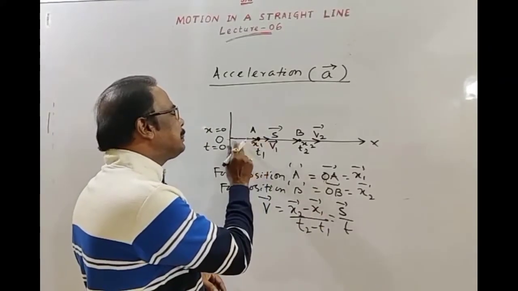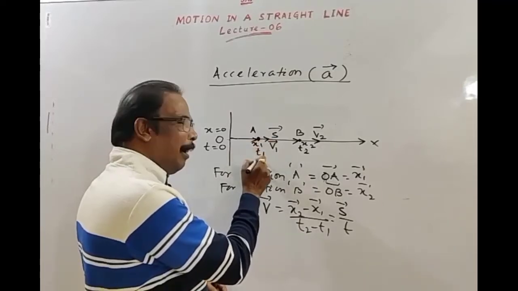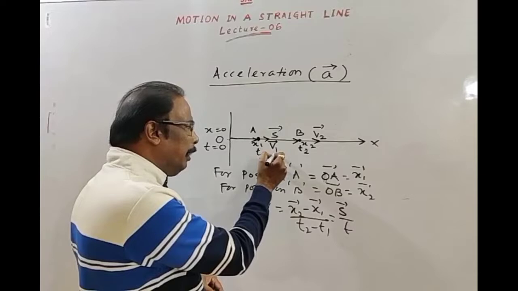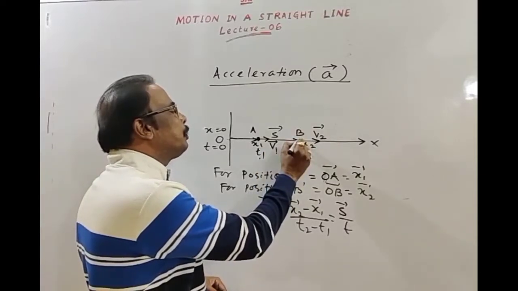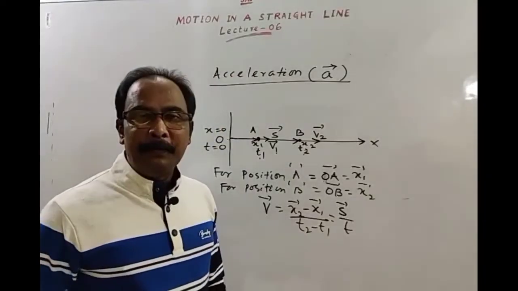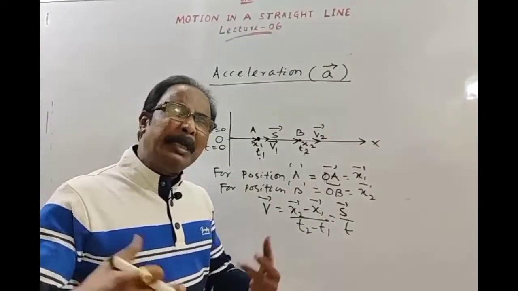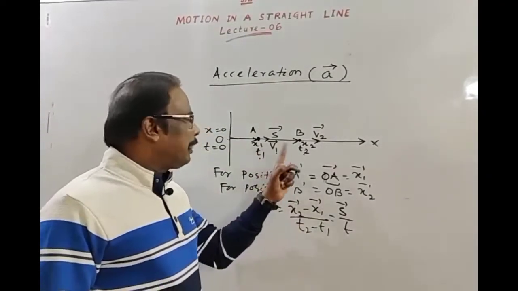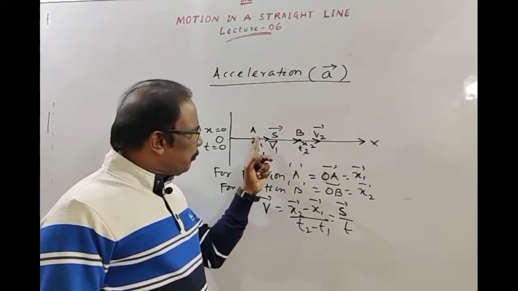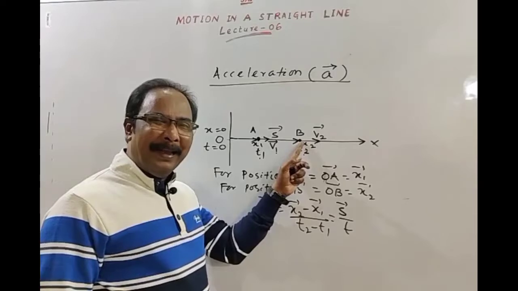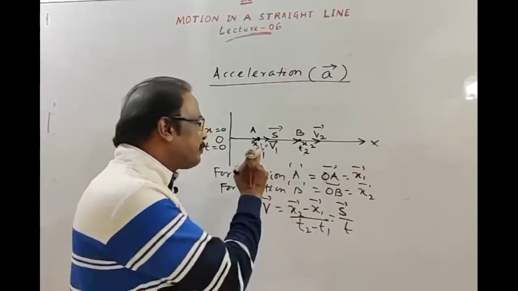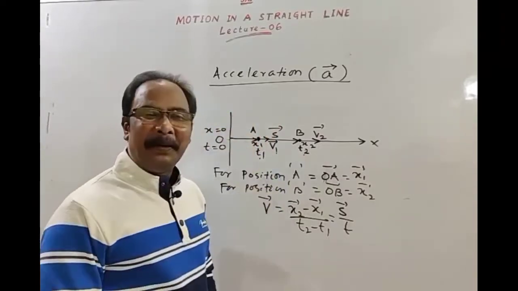When the body reaches A, at the instant of time t1, the velocity of the body is v1, and when it reaches position B, at the instant of time t2, the velocity is v2. Thus, velocity changes with respect to time, from v1 to v2. During this change in velocity, time increased from t1 to t2.